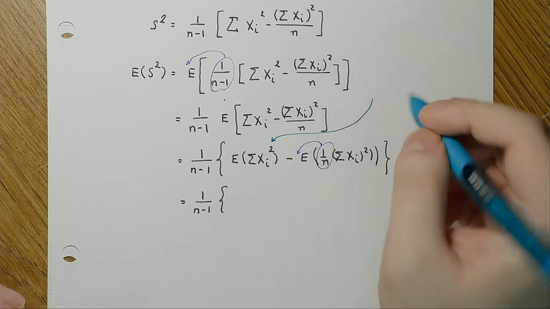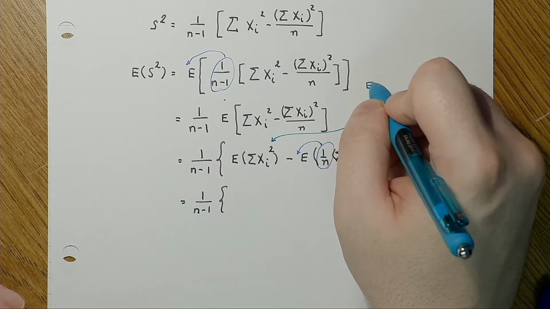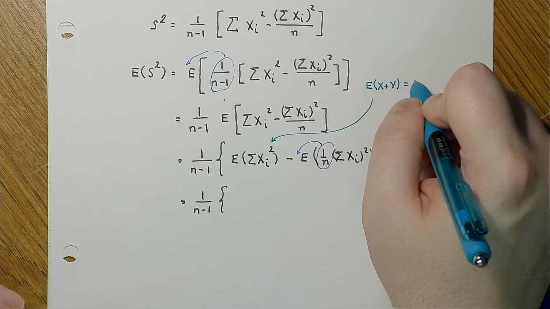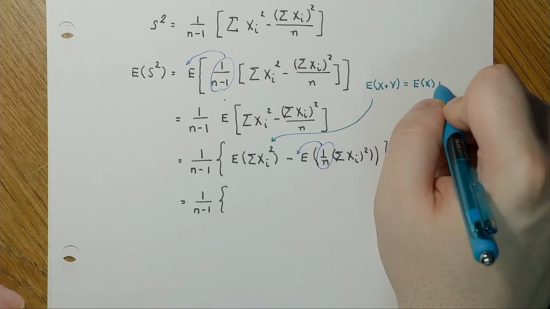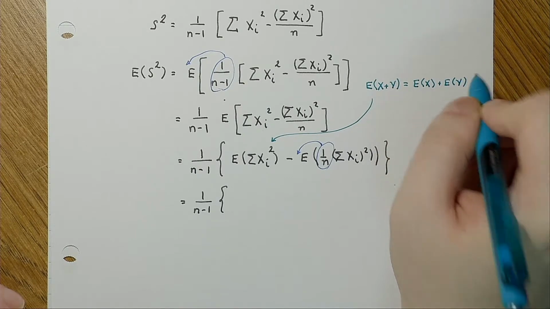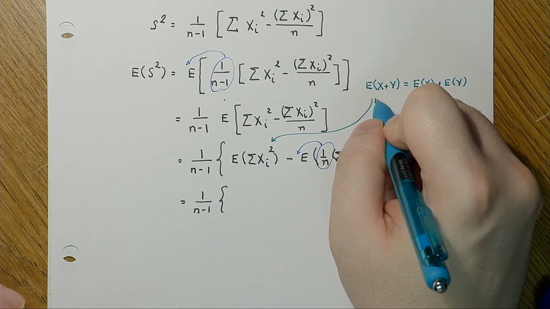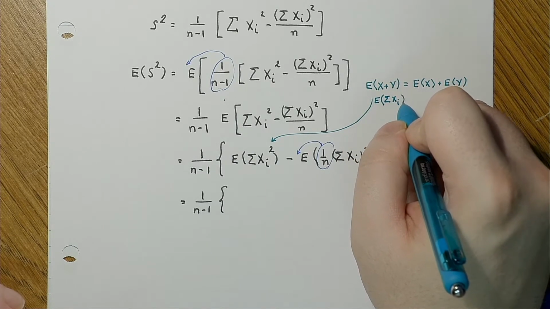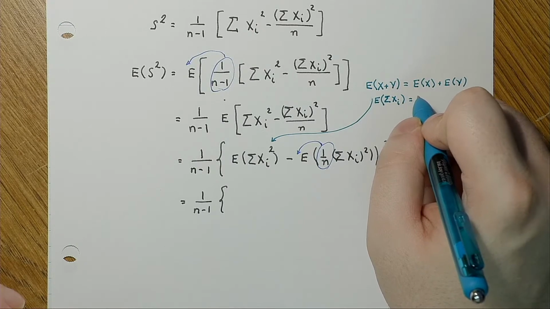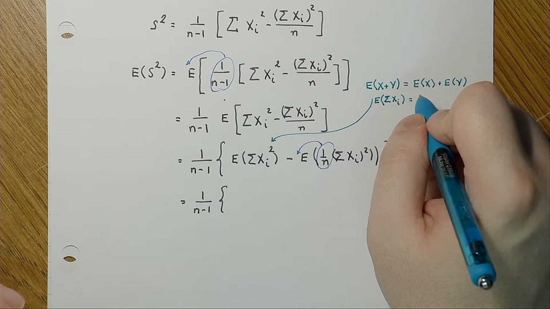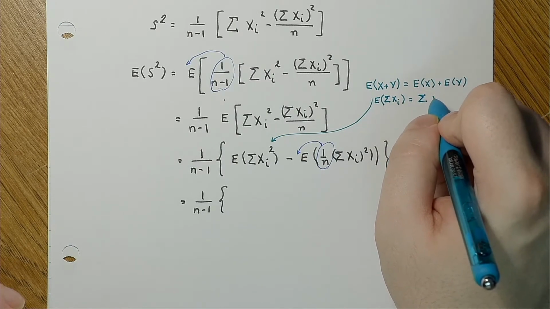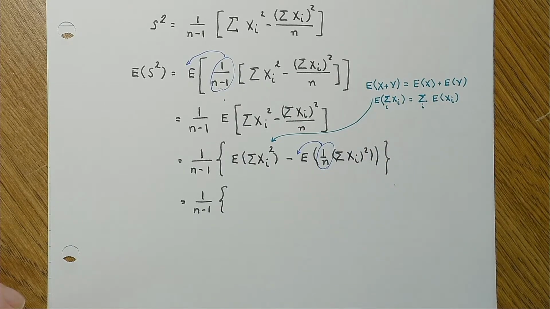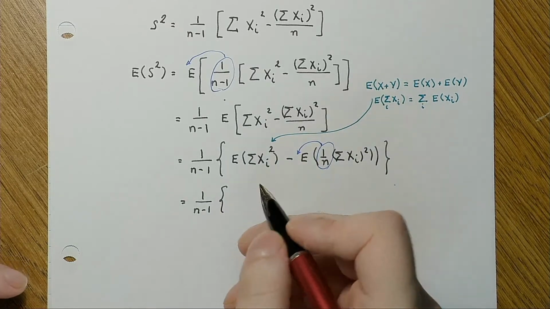In this part right here, remember that the expected value of X plus Y is equal to the expectation of X plus the expectation of Y. So if I wanted to generalize that, the expected value of a sum of random variables is equal to the sum of the expected values. Okay, so that's why I can bring that out in front.